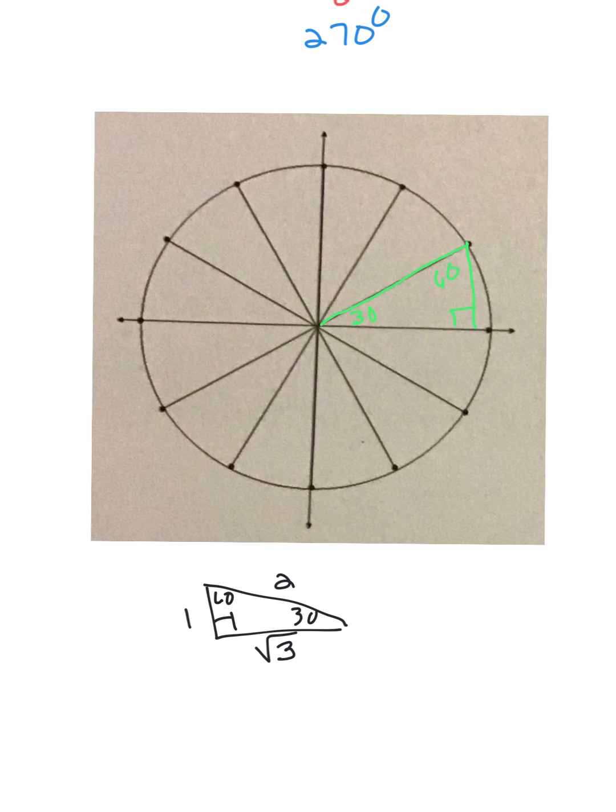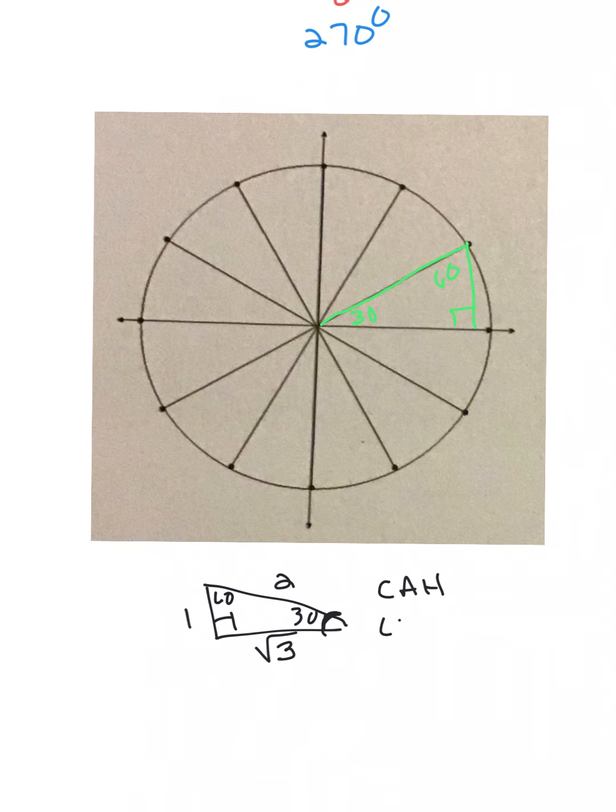We said, now that we are in a unit circle, that our cosine is just plain x. So if we go back to a 30, 60, 90 and do the cosine of 30 degrees, we said that cosine, remember, was the CAH.